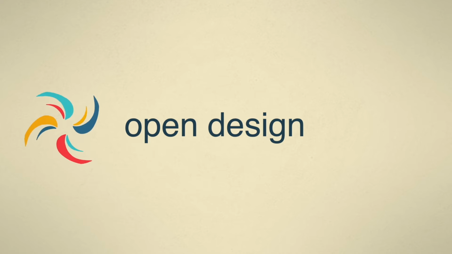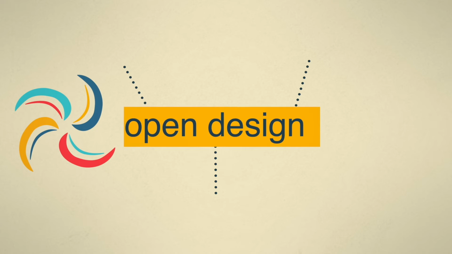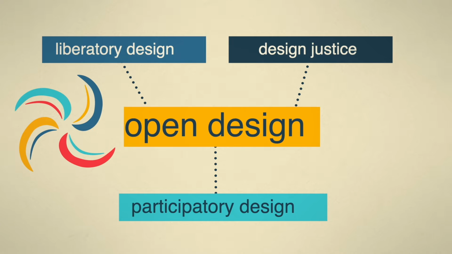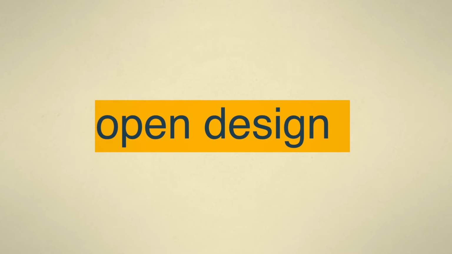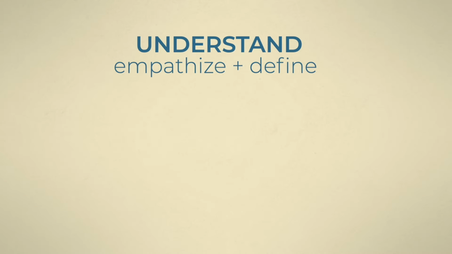Open Design, developed at the Open Design Studio at Duke University, is situated within these critical design approaches. Open design is an equity-centered innovation methodology that has 4 iterative phases, each framed through a key question. Understand, empathize, and define.